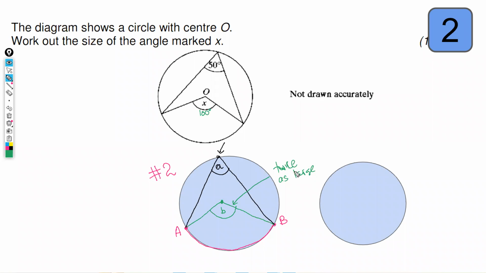And just to clarify, for rule 2 to work, if you look back in the notes, I said something about eyes and how the eyes have to be looking in the same direction. If you convert this to an eye and this to an eye, you notice A is looking downwards and this one is looking downwards. The 50 is looking downwards and the X is also looking downwards.